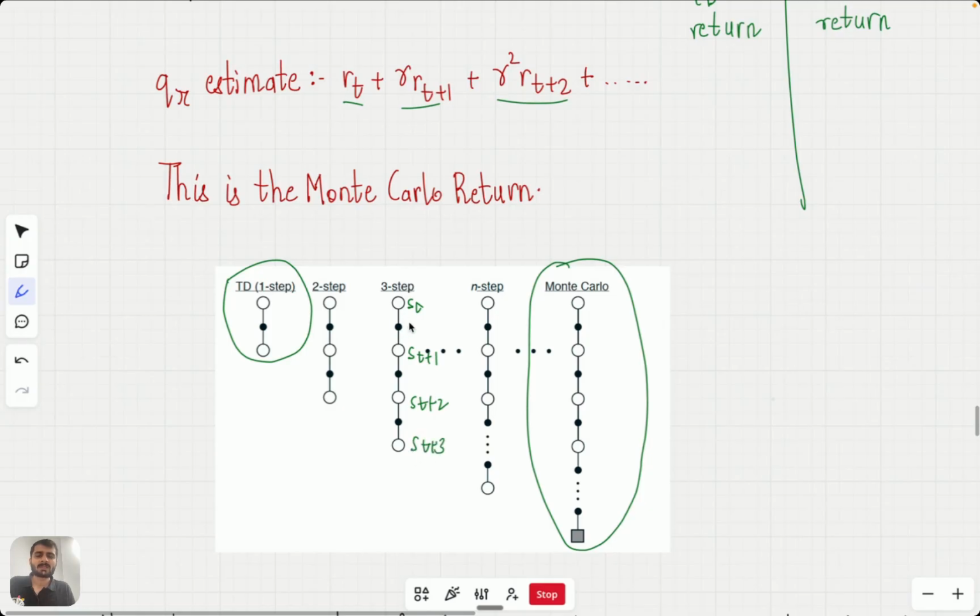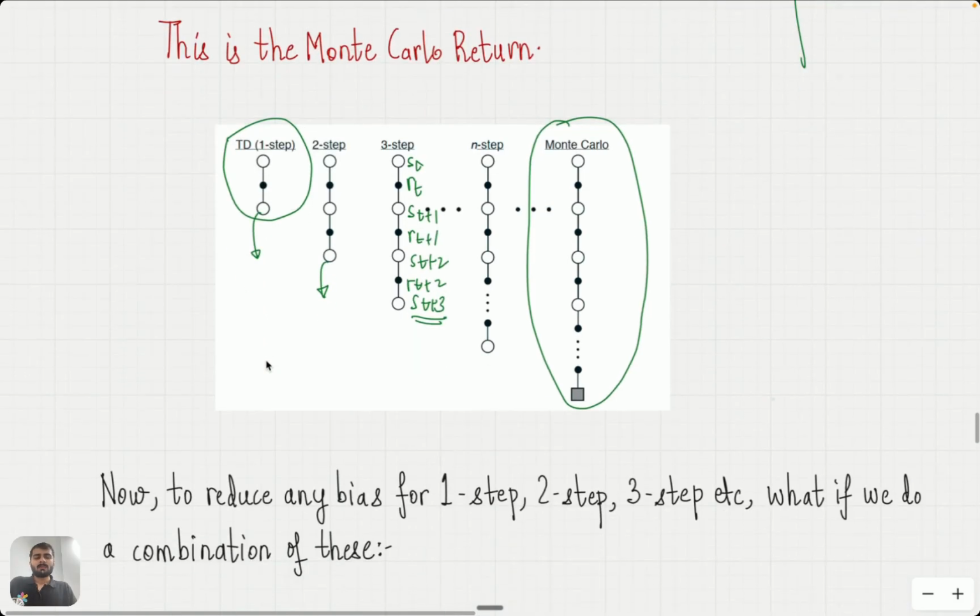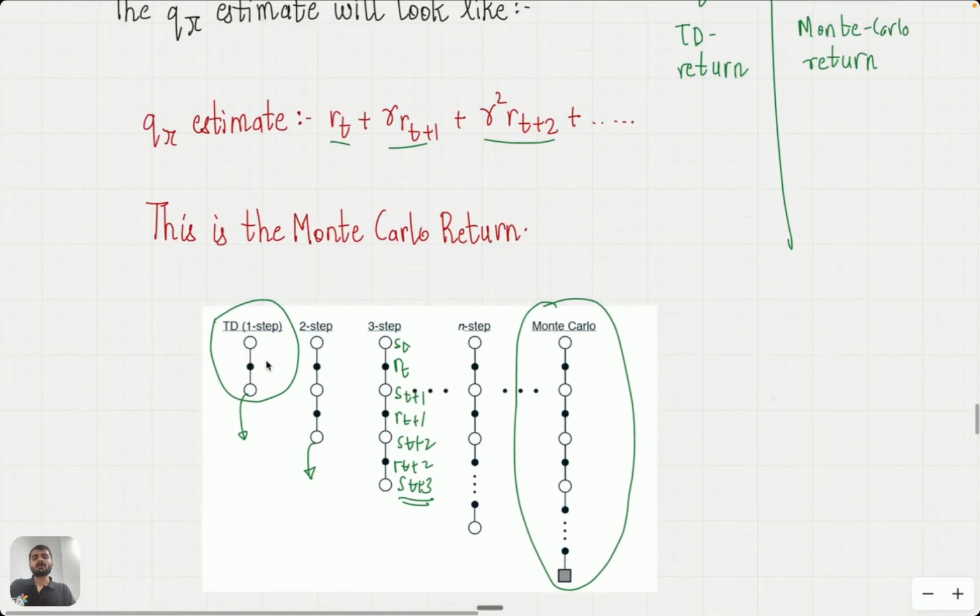And what you're doing is simply adding up all these rewards, R_{t+1}, R_{t+2}, and at the end you're attaching a value function to this last state. So here you will be looking at the value function of S_{t+3}, here S_{t+2}, and here S_{t+1}. So this is how we can do a multiple-step return.